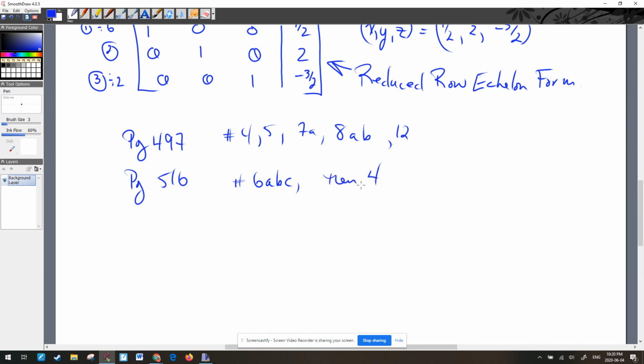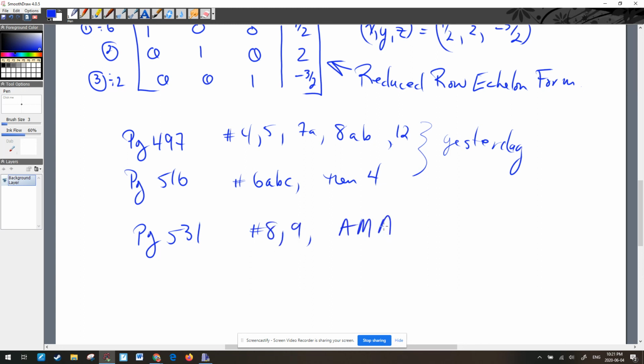Okay, so that's the first part. And then the second is going to be page 531. So this is sort of from yesterday, sort of. And then today is 531, numbers 8 and 9. And I'm going to say as many as possible. Okay.